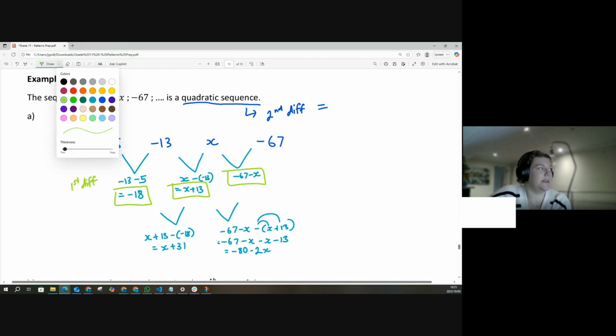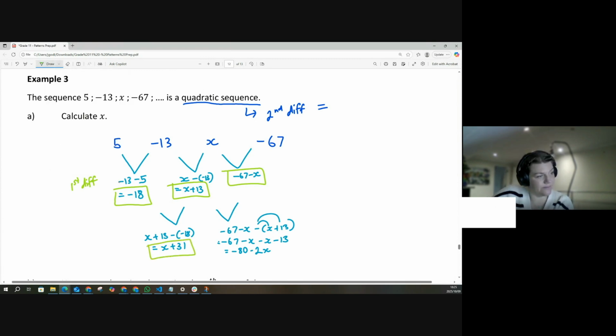We'll end up with these two. And then remember, your second differences are equal.